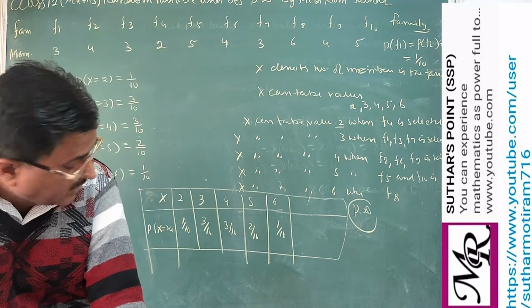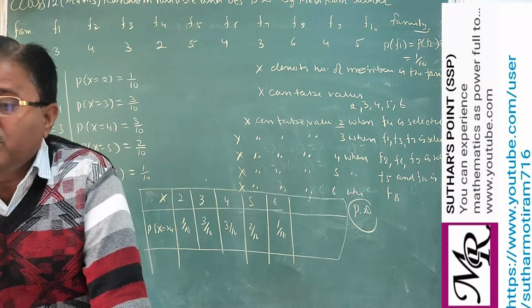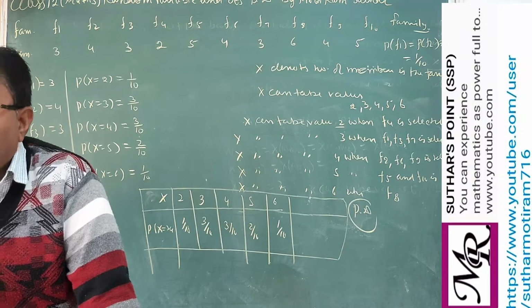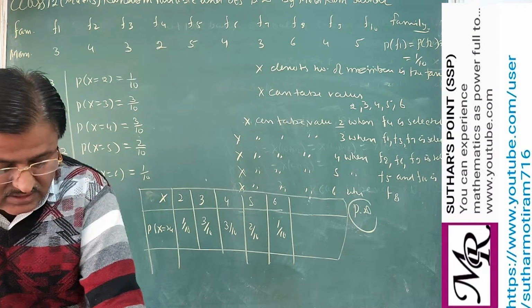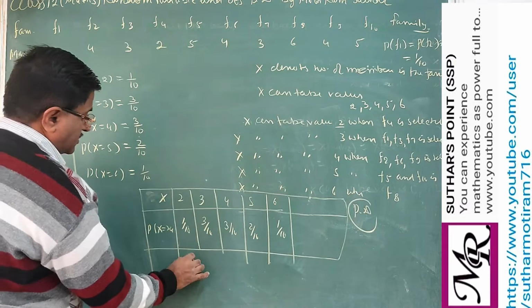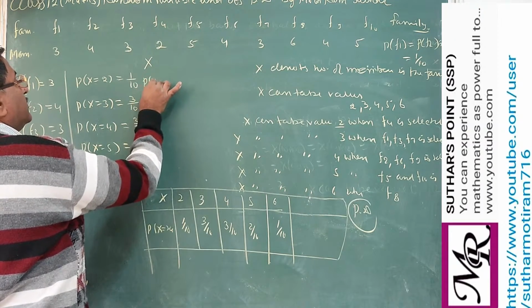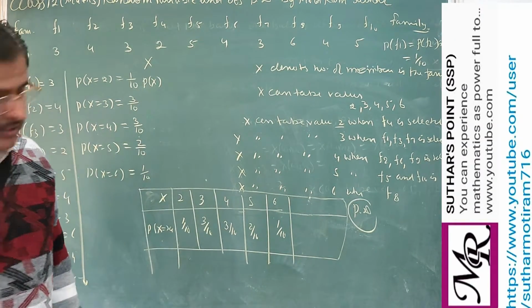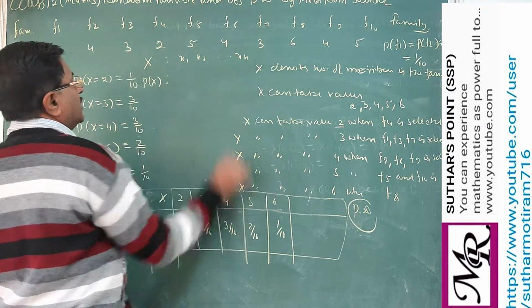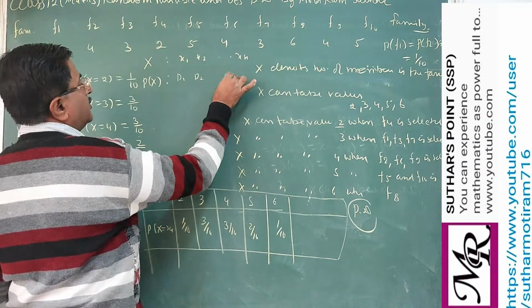Such a description giving the values of the random variable along with the corresponding probabilities is called the probability distribution of the random variable X. In general, we write capital X as the random variable and the corresponding probability P. The random variable X can be represented by small values x1, the first observation, second, third, then corresponding probabilities, suppose P1, P2, P3 up to Pn.